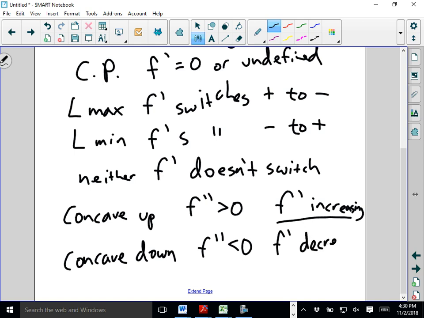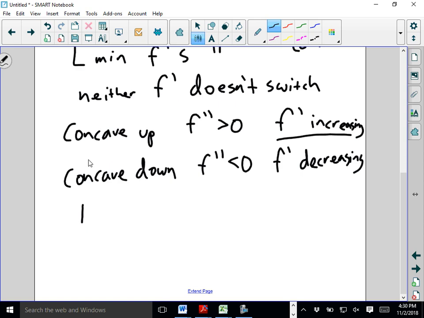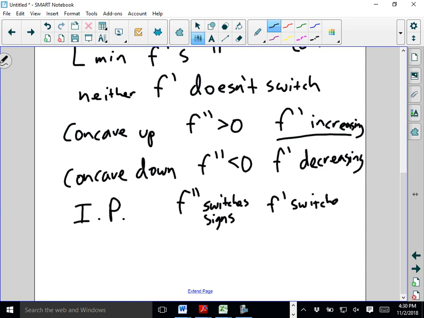Inflection point is when f double prime switches signs, or when f prime switches from increasing to decreasing, or vice versa.